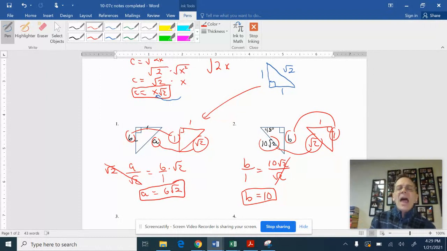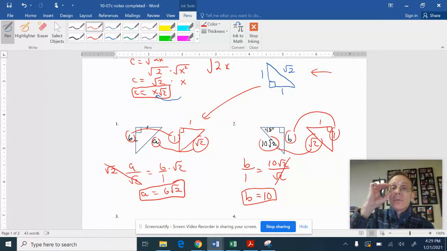I could tell just by looking at this first triangle and comparing it to the template triangle or the pattern, that A was going to be 6 times the radical 2. I didn't have to go through all this equation stuff. Why are you making these problems hard when they're easy? I get what you're saying.